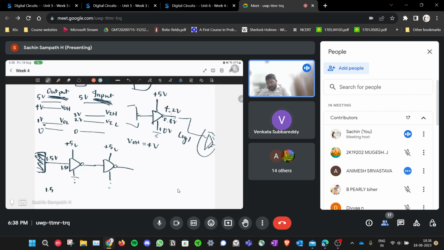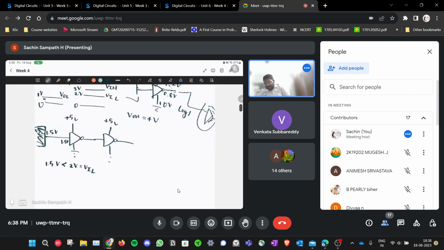So 1.5 volts is less than 2 volts, which is the V input low. If it's less than V input low, it decides, okay, this is logic 0. Once this inverter decides it's logic 0, it says, okay, since I got a 0 as my input, I have to send out a logic 1 as my output. Right? It's an inverter.